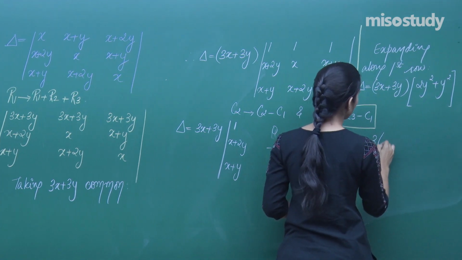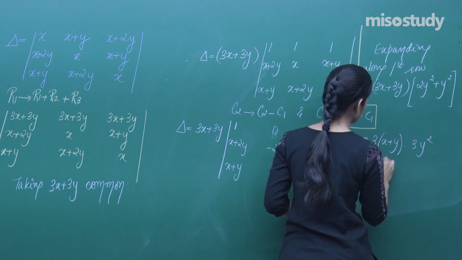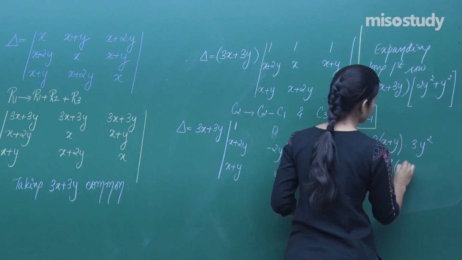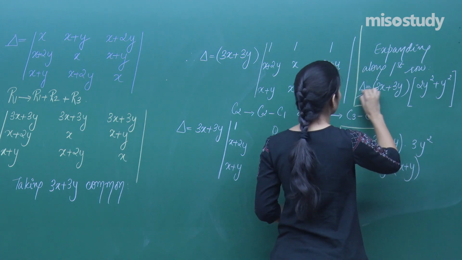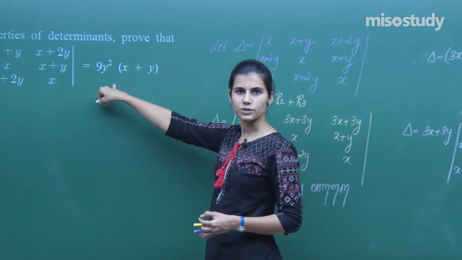This gives you 3 common, x plus y into 3y square, which is 9y square into x plus y. So you have got the value of the determinant to be equal to 9y square into x plus y.